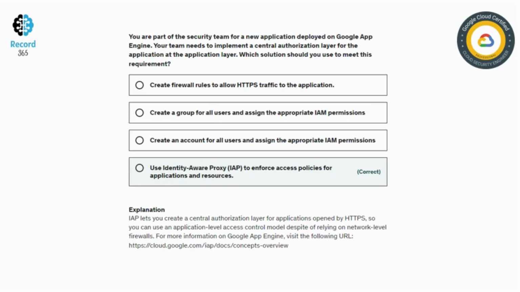The explanation is that IAP lets you create a centralized authorization layer over HTTPS, so you can use an application-level access control model instead of relying on network-level firewalls.